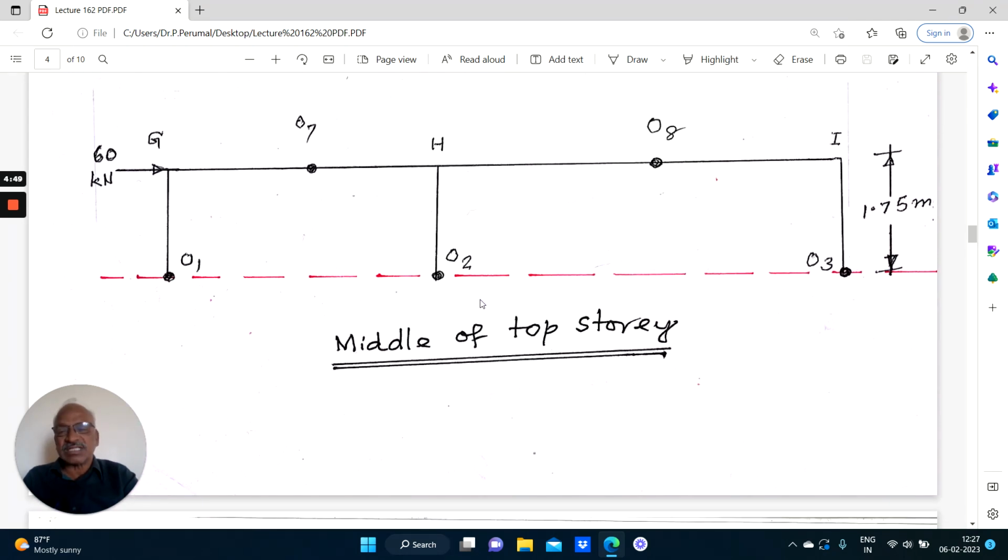Right. So this is the top story. The purpose is to find out the overturning moment; this lateral force will cause overturning moment. We are going to calculate the overturning moment at the center of the top story, I mean O1, O2, O3. We calculate at this level, so that the moment will be 60 into half the height, which is 1.75.